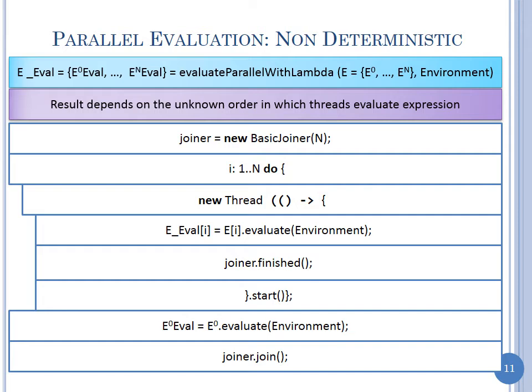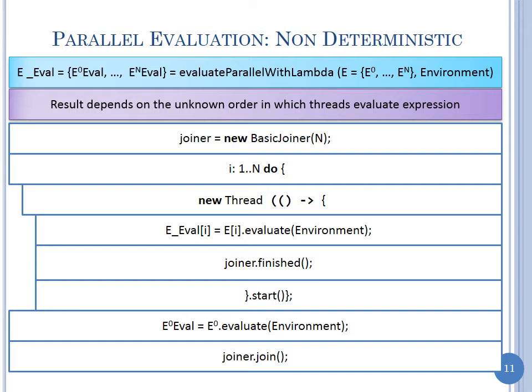So what's inside the finished function? The joiner object is a black box for us right now, and that's something you have to implement.